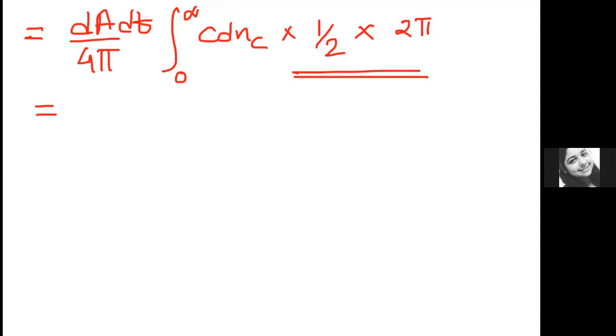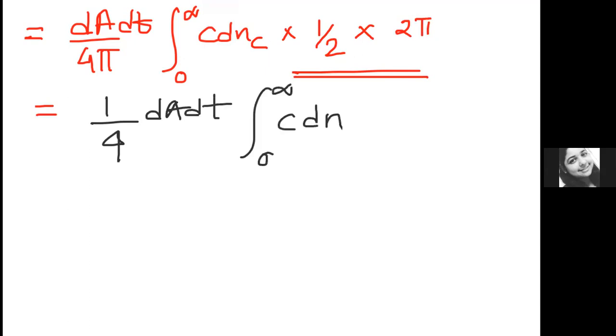So just go back to that part and check how the calculation is done to get the value half and to get the value 2 pi. So finally, the equation that I arrive at is 1 by 4 dA dt, 0 to infinity C, dN sub C. Make this equation number 3.